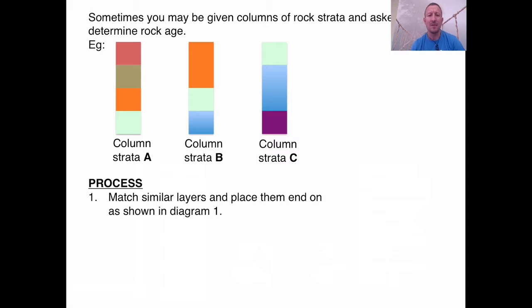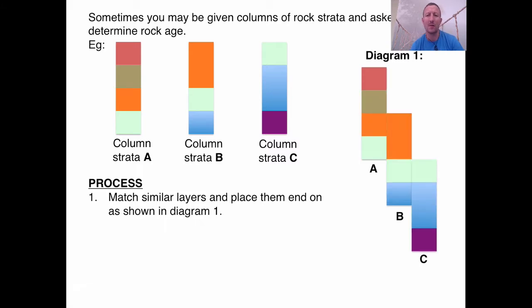So let's place them end on, and this is the sort of thing that we would get. You can see in diagram 1 here, we've matched up the orange layer of strata A and strata B, and then we've matched up our green layers as best we can through A, B and C. So now what we've got is a complete line, with the bottom layer being the oldest layer and the top layer being the youngest.